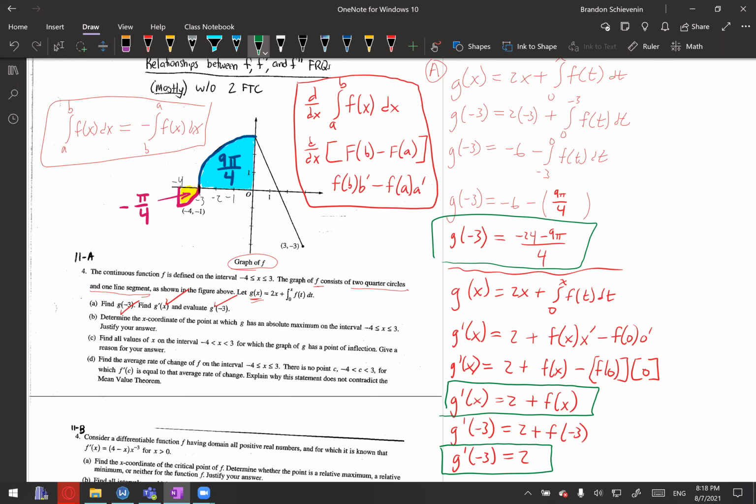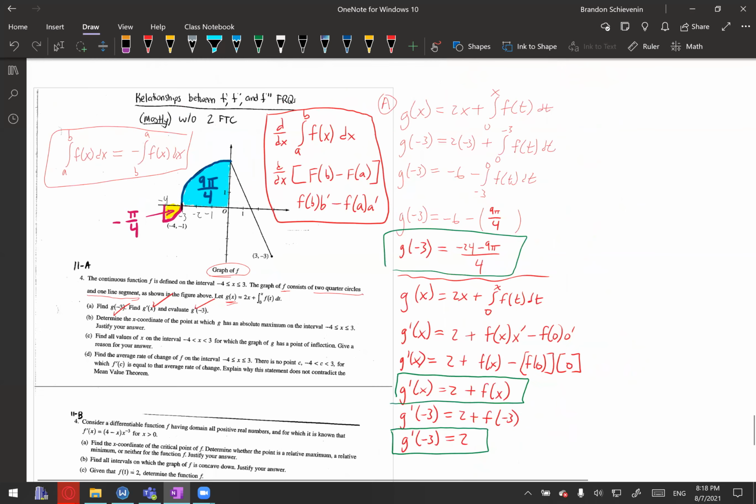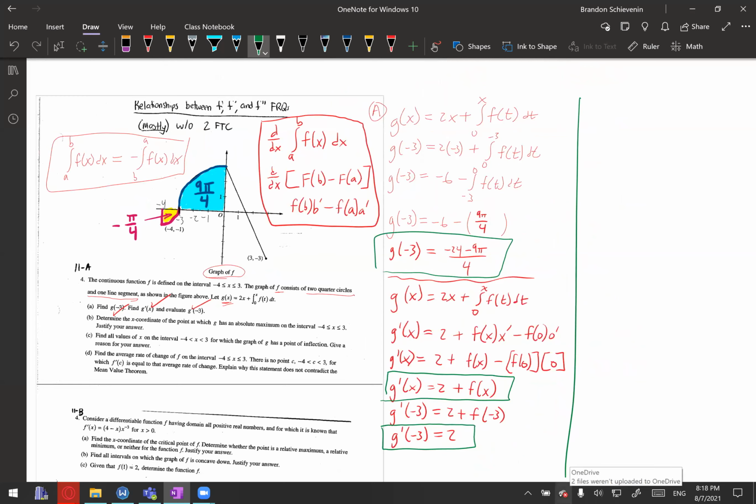You could also leave this first one unsimplified. You don't have to combine into one fraction, if you're asked for a free response. If it's a multiple choice though, you would need to be able to match this on the multiple choice to the simplified version. So I'm doing the simplified for practice, but on the real FRQ, you don't need to simplify. Okay, so that's all part A.